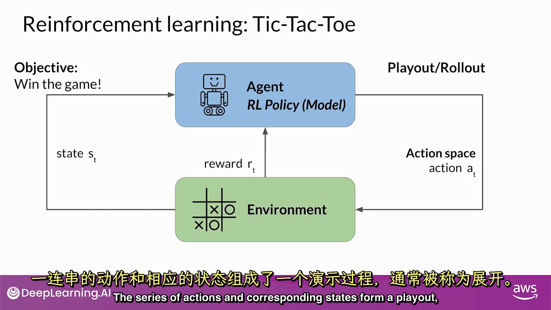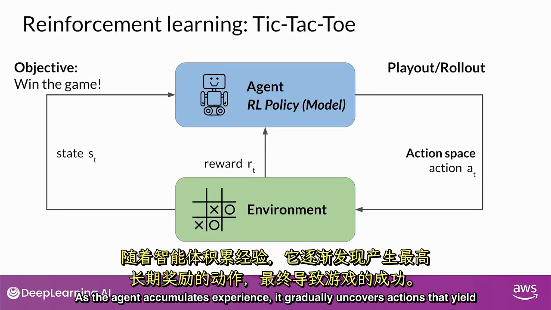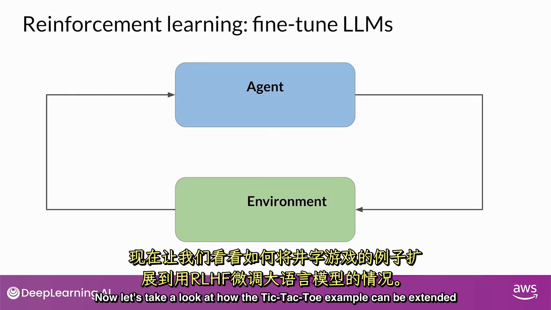The series of actions and corresponding states form a playout, often called a rollout. As the agent accumulates experience, it gradually uncovers actions that yield the highest long-term rewards, ultimately leading to success in the game.